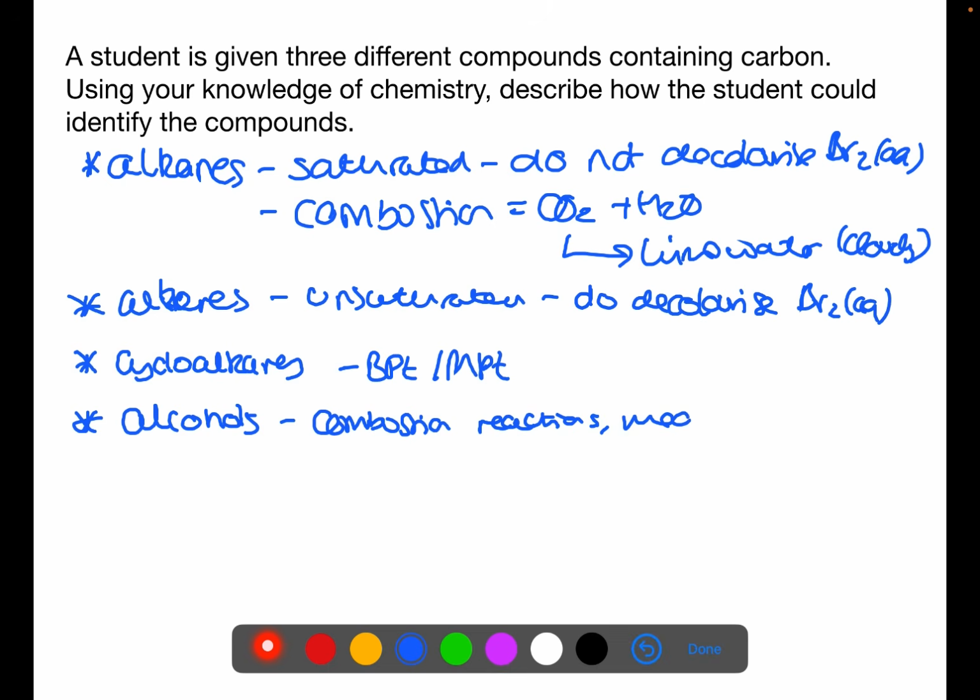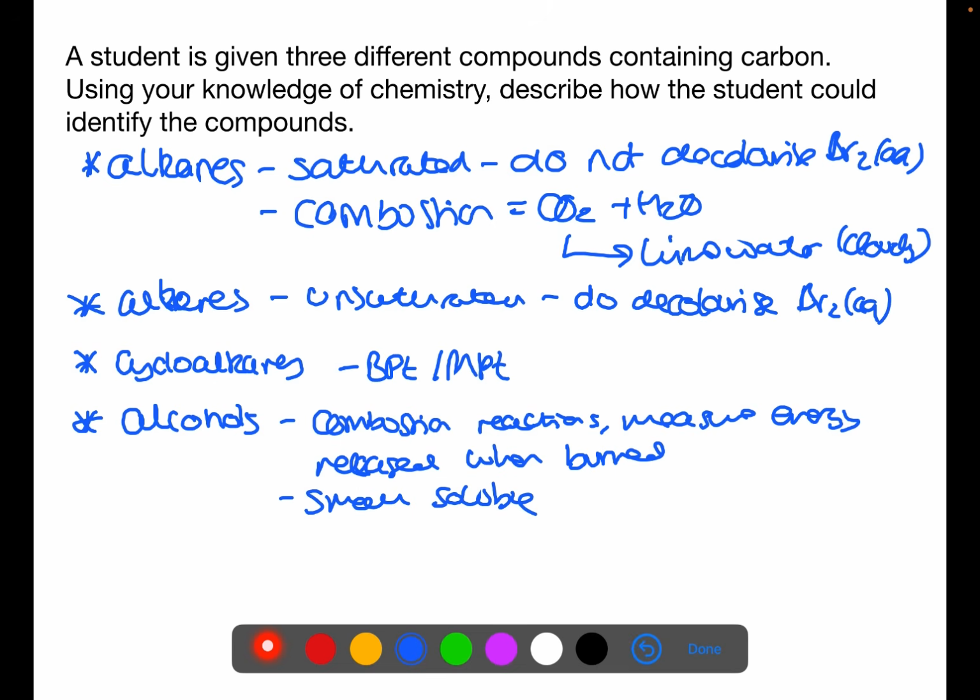You could measure the energy released when you burn them. You'll also find that small alcohols are soluble, whereas for the alkanes they would not be. And they'll have different melting and boiling points.